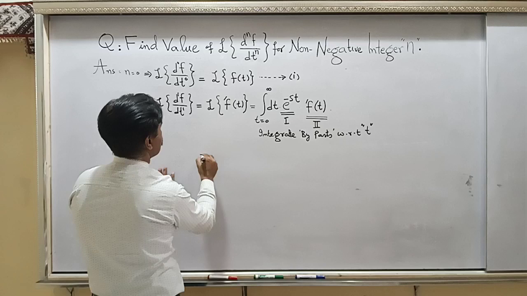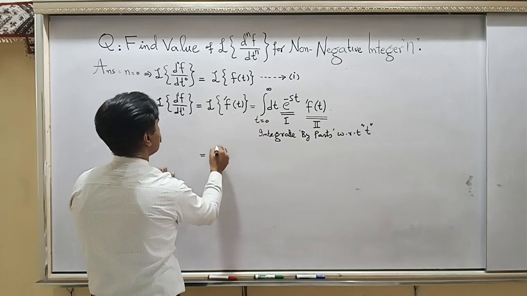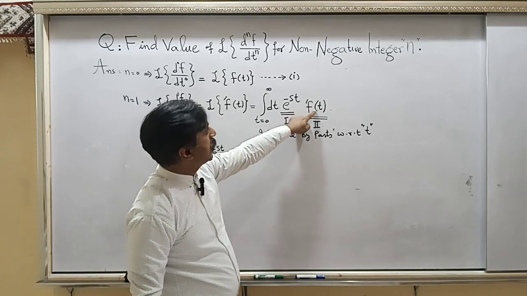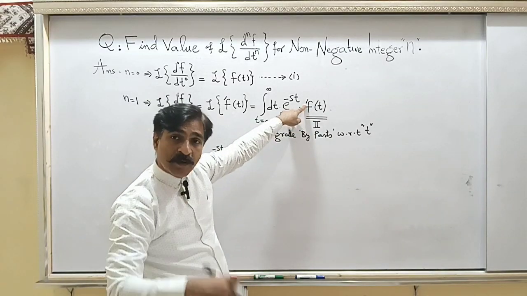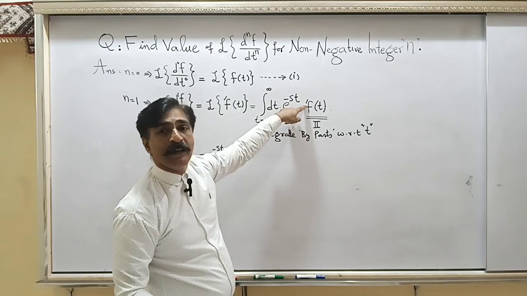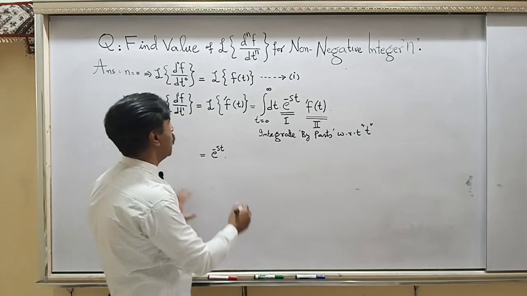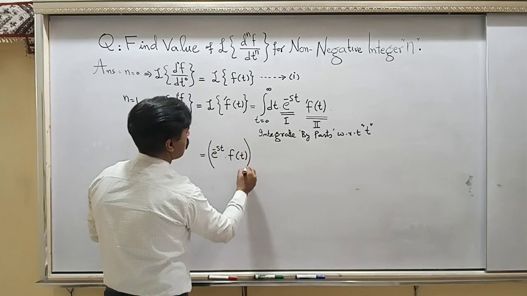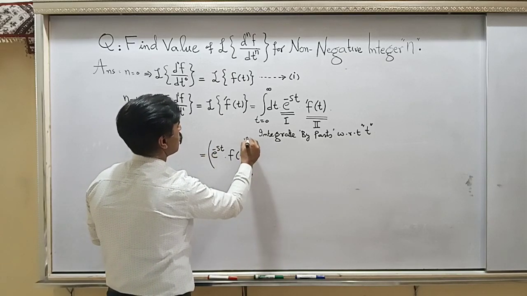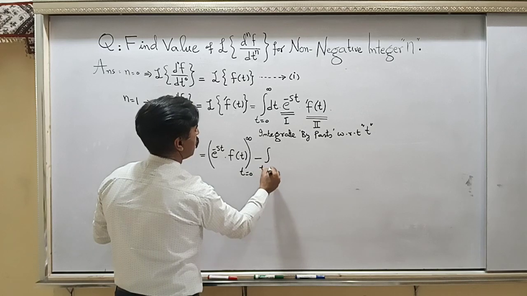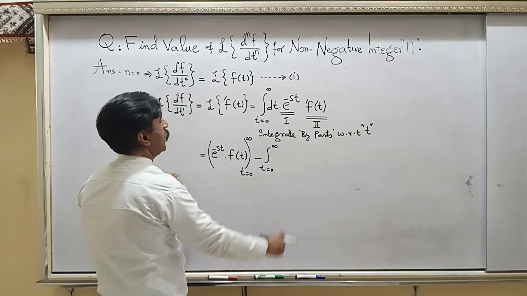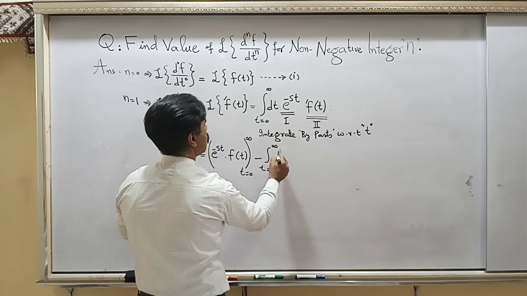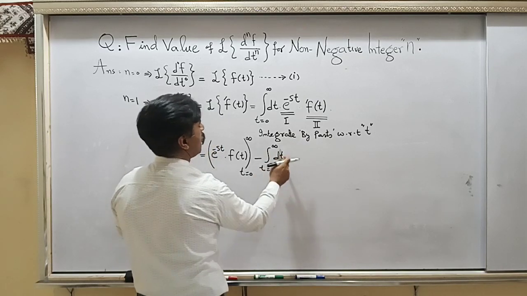So let's integrate: first function as it is into the integration of the second, and when you integrate the derivative, the derivative operator vanishes, meaning f prime will vanish, so you will be left with f of t only. And since this term is integrated, you should apply the limits of integration from 0 to infinity, minus the integration of the second, this integration meaning operator dt.